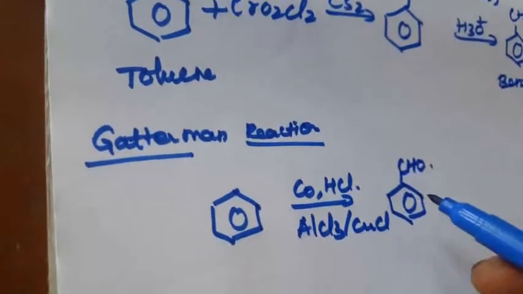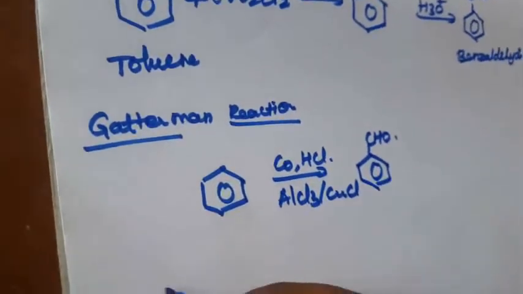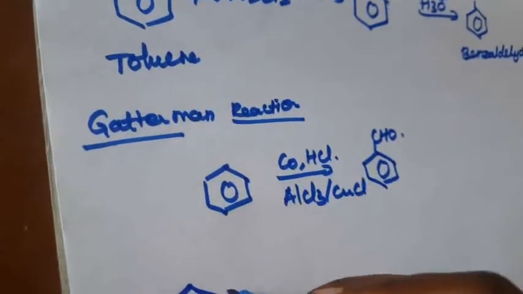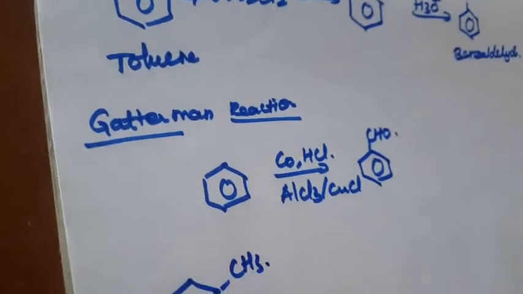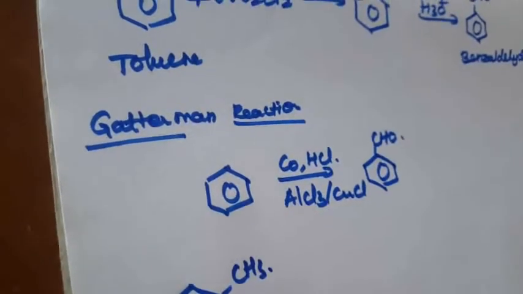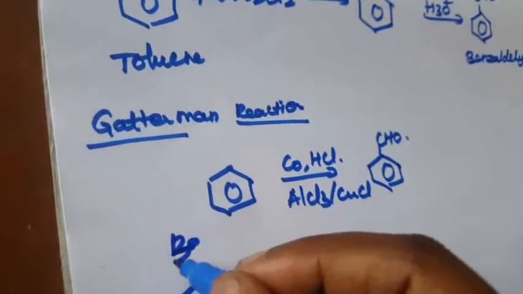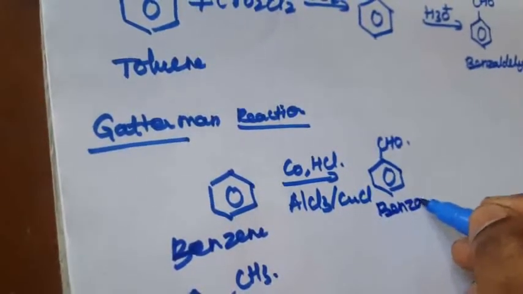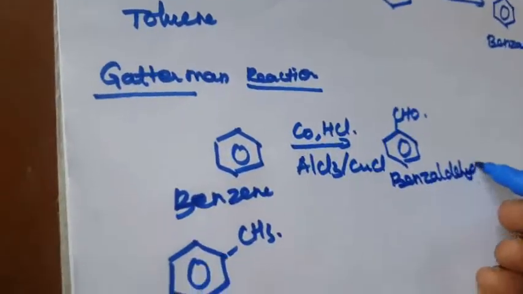Again, another way is how to get benzaldehyde from toluene. So what is the formula of toluene? That is C6H5CH3. Okay, this is called toluene.